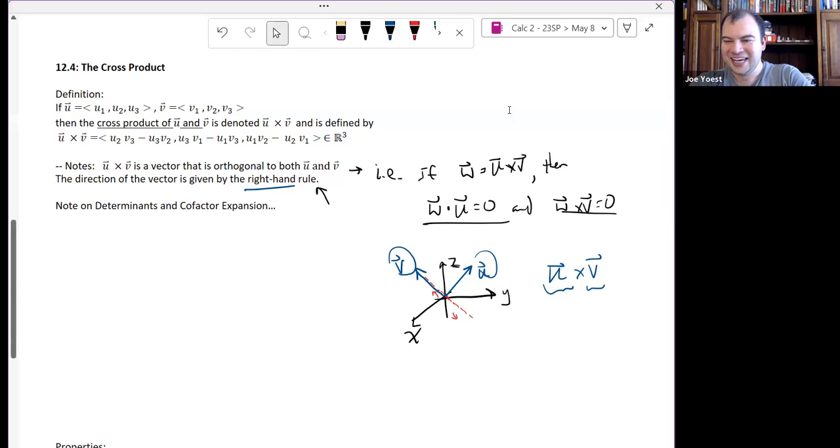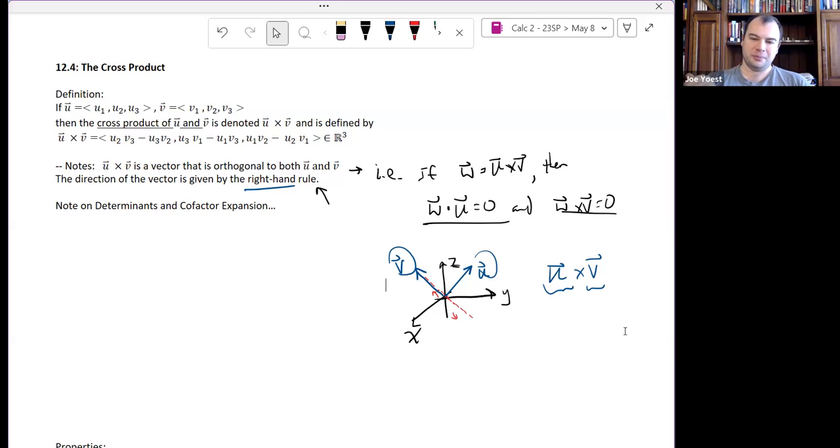Hopefully everything's okay. Anyway, so if we take U cross V, we would imagine taking our right hand. So if you forget which one's your right hand, just hold them out flat in front of you. And the one that makes an L from your fingers to your thumb is your left hand. The other one is your right hand. So U cross V, take the fingers of your right hand, wrap them from U to V. So as I'm looking at the screen, I would take my right hand and wrap my fingers from right to left in this case, so that my thumb is kind of pointing at my face.